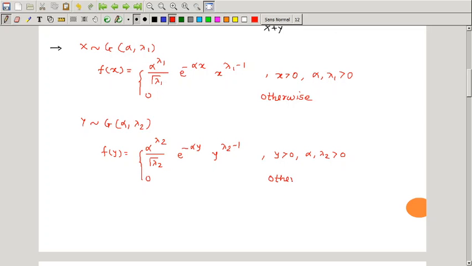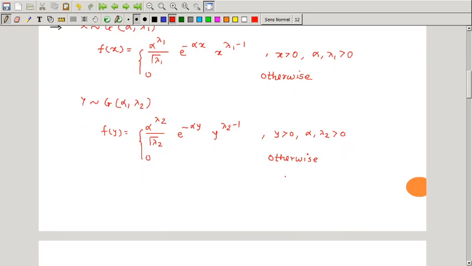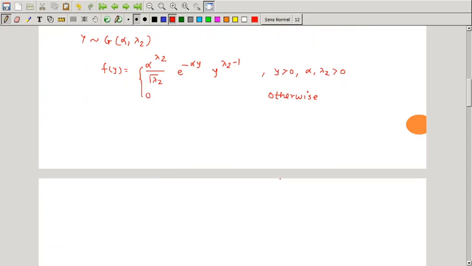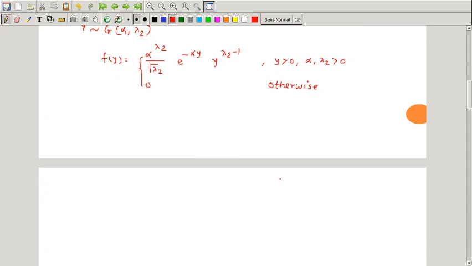So these are the PDFs of X and Y. Further, we have given that X and Y are independent, so the joint density function of X and Y is f of x, y is equal to f of x into f of y, since X and Y are independent.